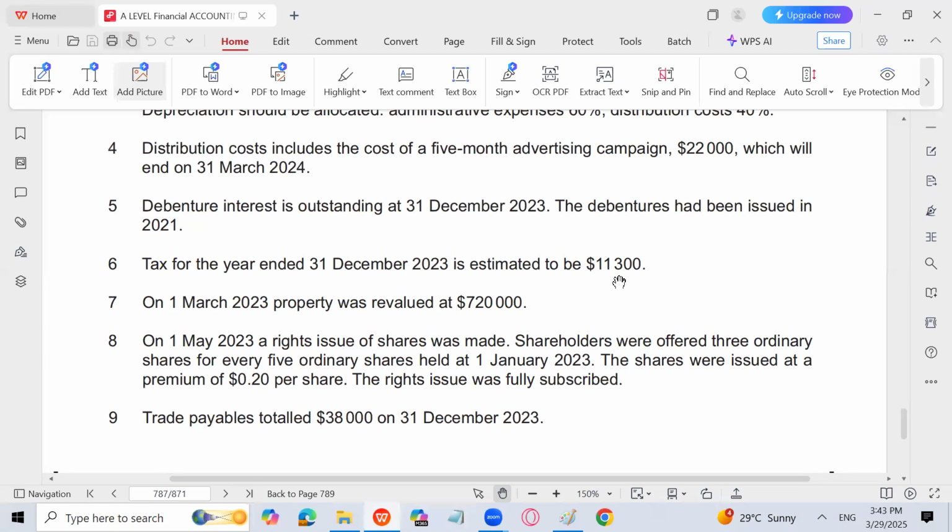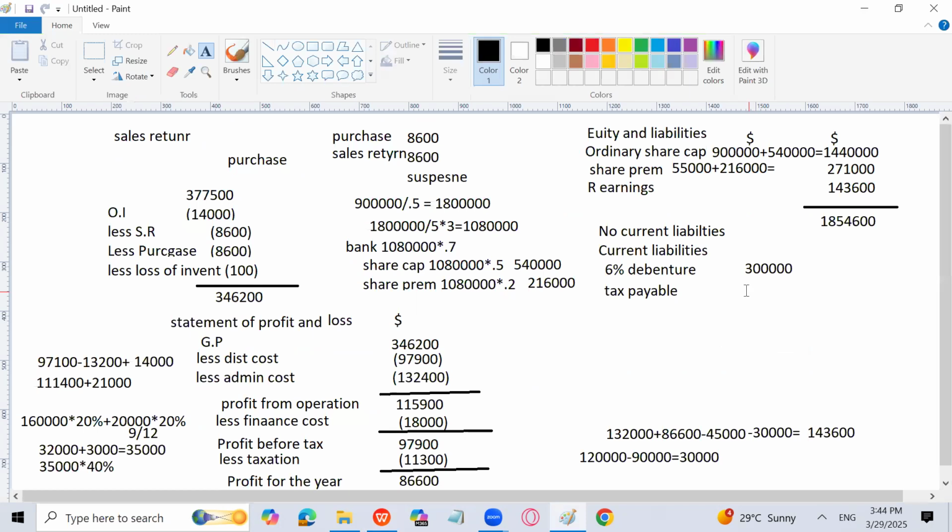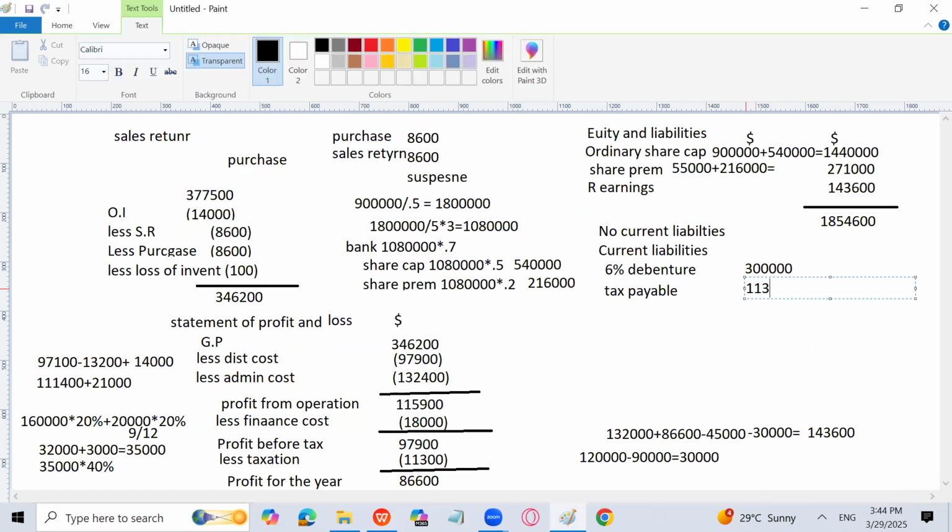You never told us this before, it's something new. Let me tell you. Provision for taxation means, you know tax is supposed to be paid in the next year. So we will make an adjustment of the tax in the current year for the tax to be paid in the next year, right? So that is the current liability that will be subtracted from the profit and it will also be shown as a current liability with the name tax payable or provision for taxation. That is 11,300 is the amount.